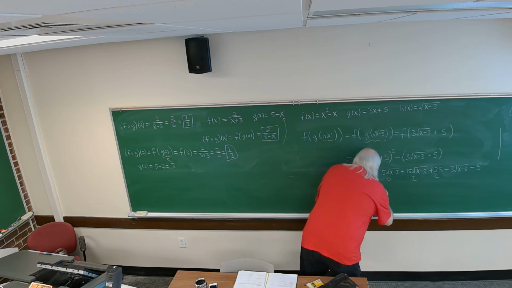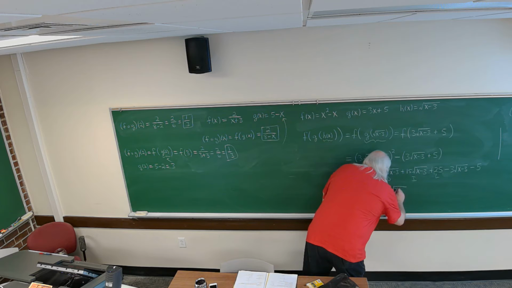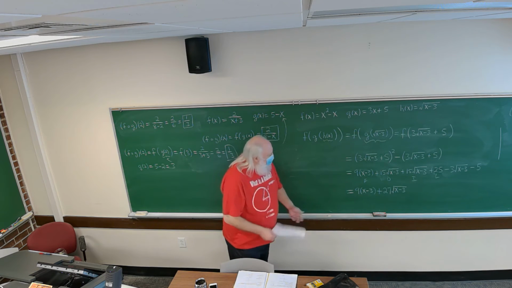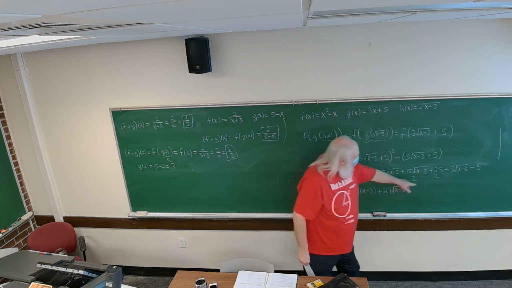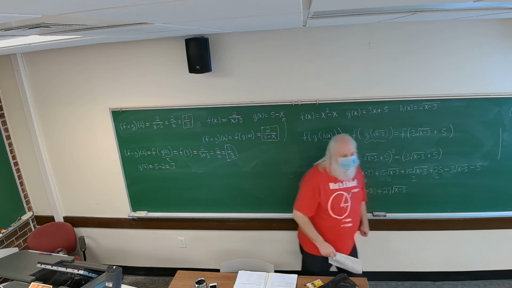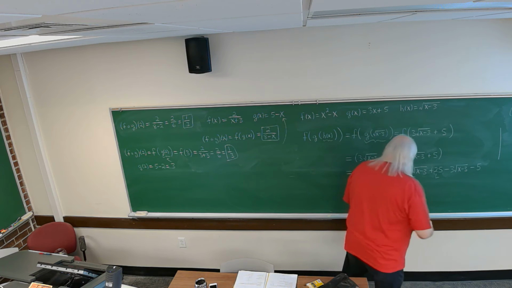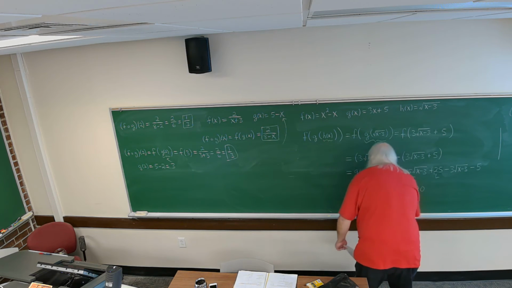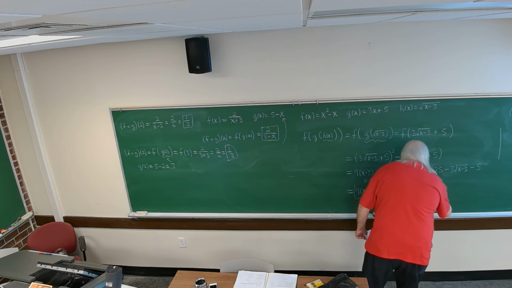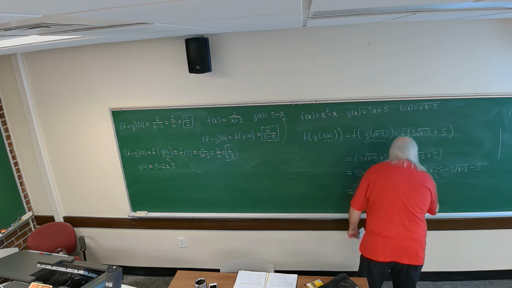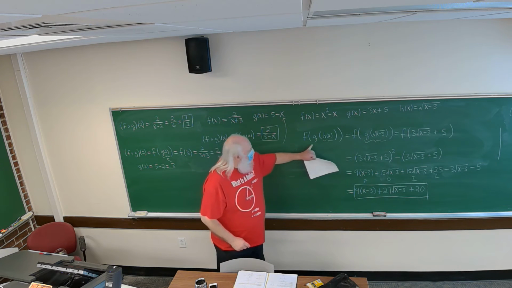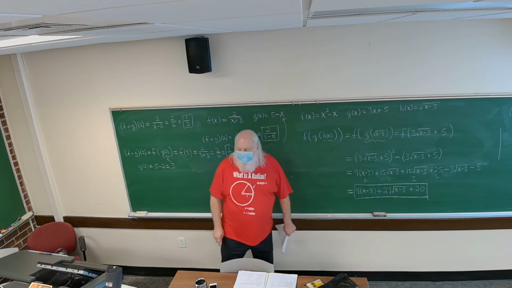So then we have plus 27 times the square root of x minus 3. And lastly, we have the constants: 25 minus 5, which is 20. So that's the composition f of g of h of x.